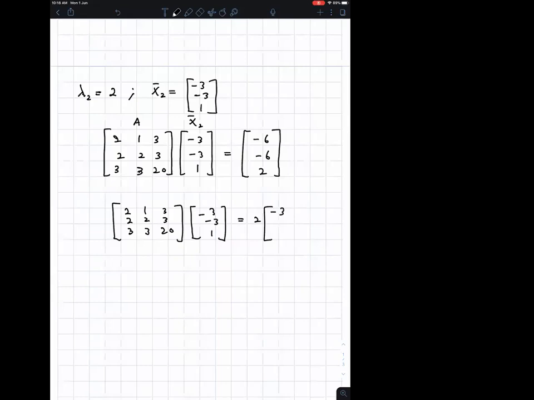So minus 6, you can factor out the 2. You factor out a 2, it's going to be minus 3 and 1.